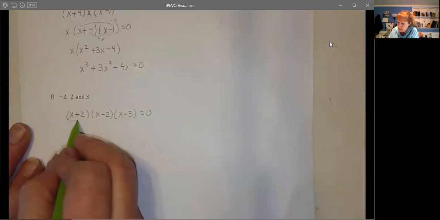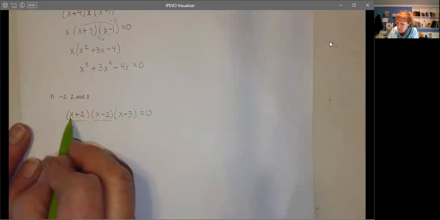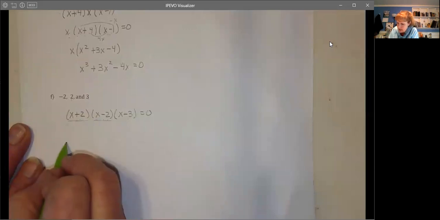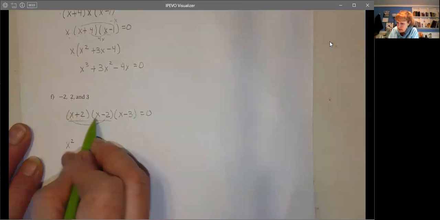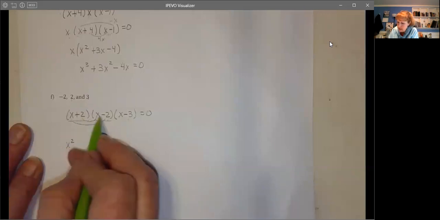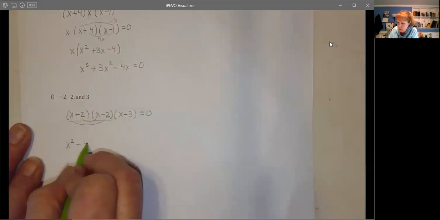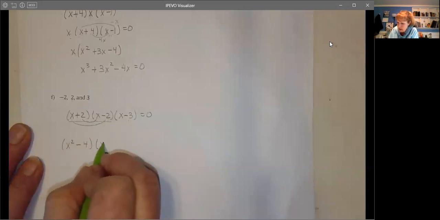Let's go ahead and multiply our conjugates together using the FOIL method. The first times the first is x squared. Negative 2x and a positive 2x is 0. They drop out. The last times the last is a minus 4. That answer times x minus 3.